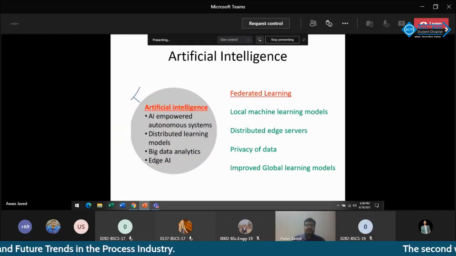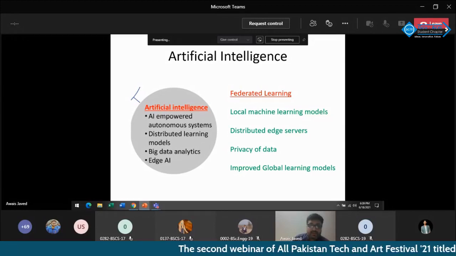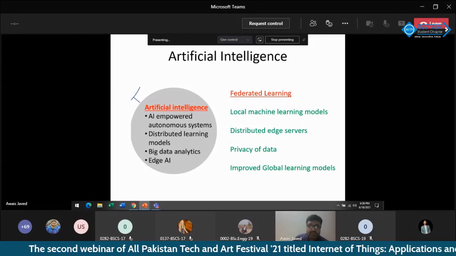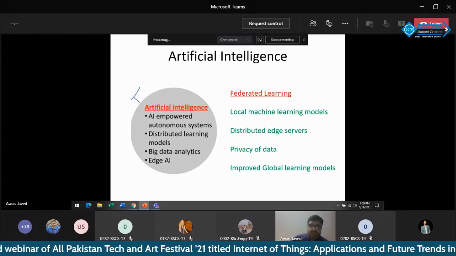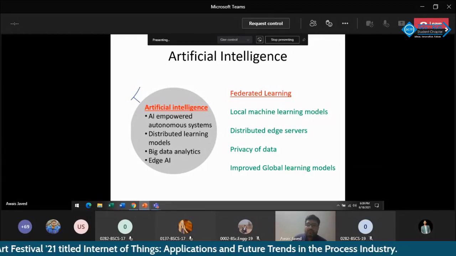Another interesting feature of 6G is advanced artificial intelligence techniques. We will have AI empowered autonomous systems in the future. Currently we are using centralized learning models.